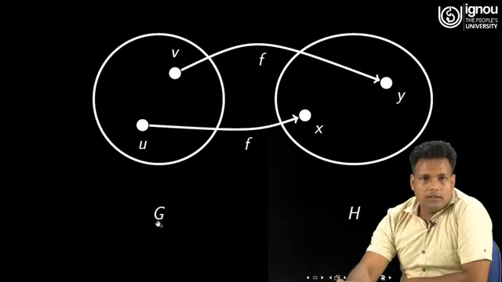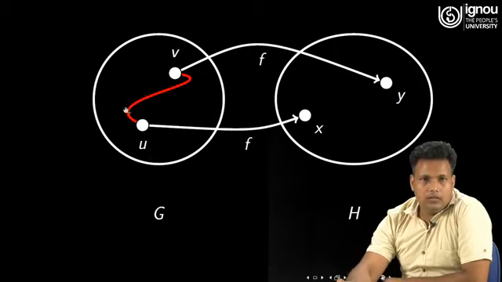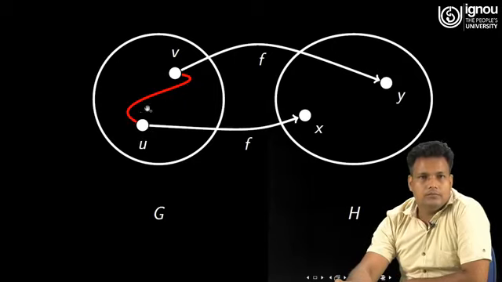Now G is connected, so U and V must be connected by some path, and using this path we shall get a path joining X and Y in H. So you can specify the vertices on this path, say W0, W1, W2 and so on, where W0 is the first vertex U and W1 is the second vertex.